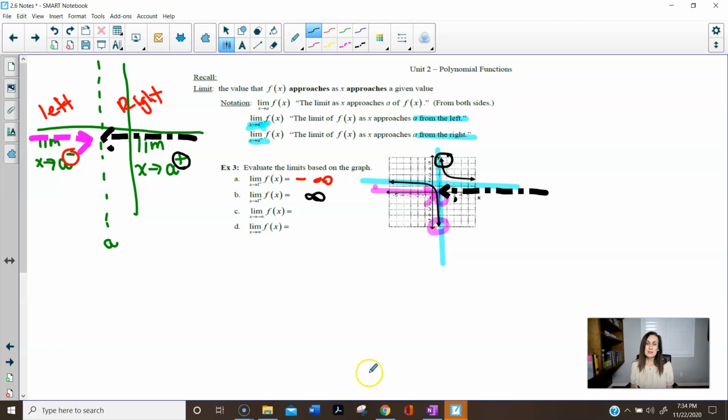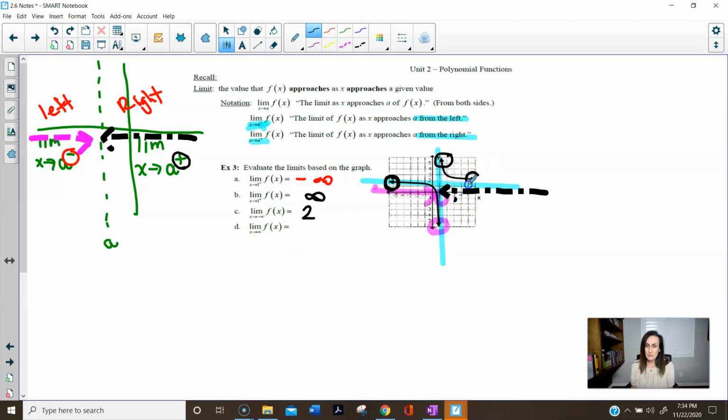All right, the limit as x approaches negative infinity. That means we're looking here. As that goes left, left, left, left, left forever, where is it getting closer to as far as y goes? Well, it's getting closer and closer and closer to that asymptote of 2. The limit as x approaches infinity.